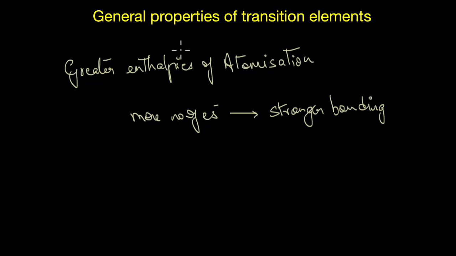As a result, the enthalpies of atomization increase. Just as we observed in the case of melting point, the second and third series transition metals have greater enthalpies of atomization than the first series. That is, 5D series has the highest values of atomization enthalpies, whereas the 3D series has the lowest values. Let's now talk about the atomic size.